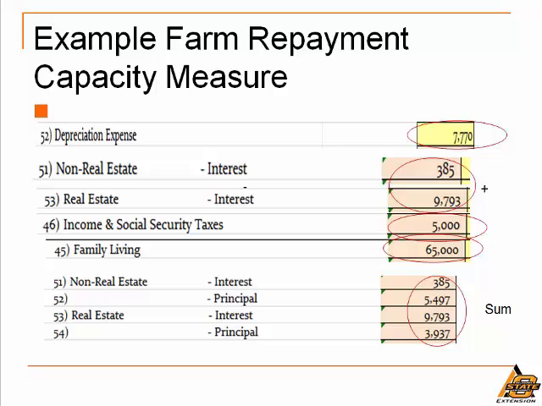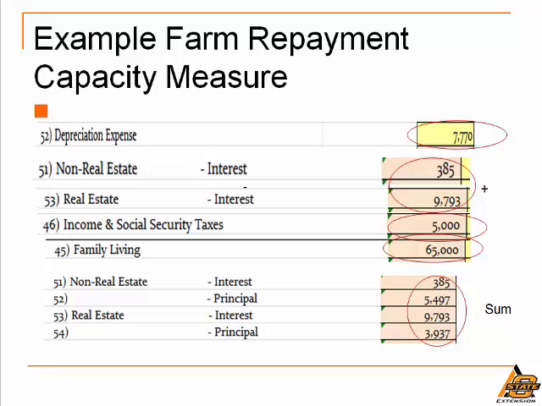We subtract taxes and family living expenses because those have to be paid before we can allocate the remainder to debt service. Both of those values come from the cash flow. The denominator of this ratio is the sum of principal and interest payments on term debt that need to be made in the following year.